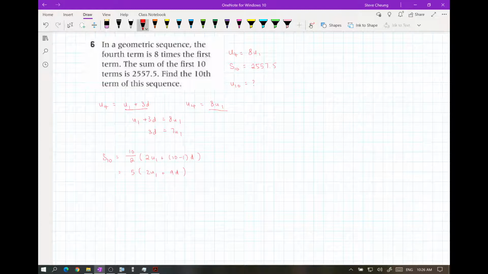And we also know that this equals 2557.5. I guess I can expand this out. Actually, from experience, I know I didn't really have to do that.